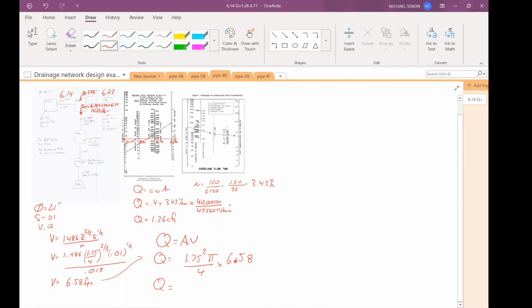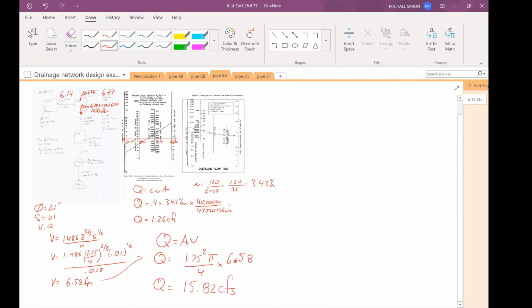So Q should be around 15.5 when we're done. And that's what's nice about this nomograph. It tells me if I'm doing my math wrong. Times 6.58, 15.82.